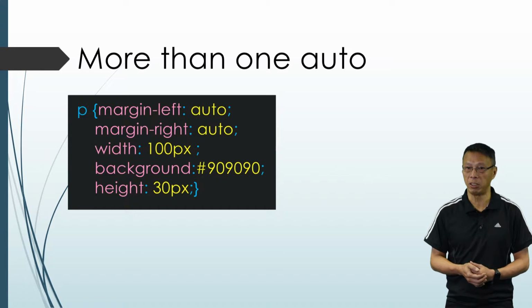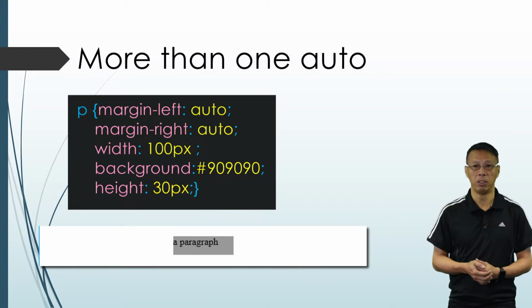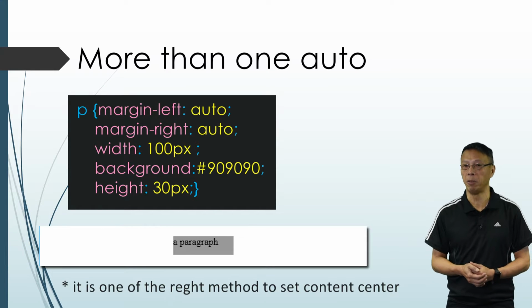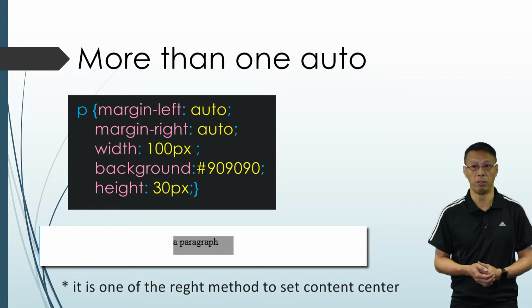And the ending result is the element is centered in the middle. Notice that not only the margin left or the margin right can be set to auto, the width as well as the height can be set to auto also. We'll discuss more at a later time.